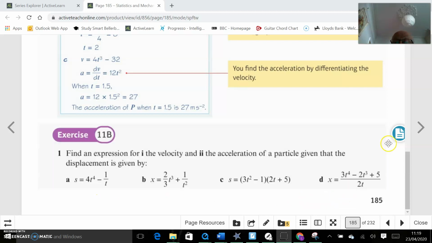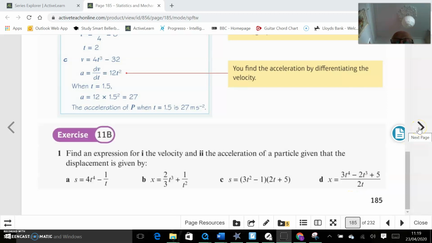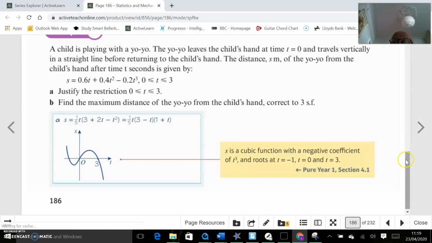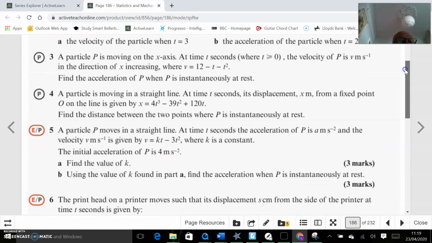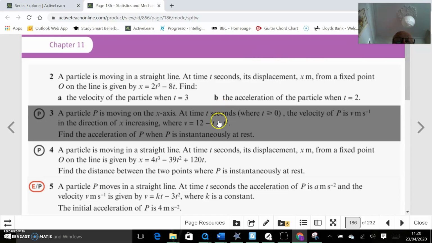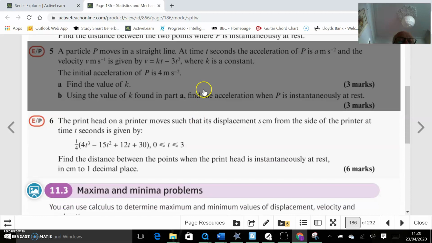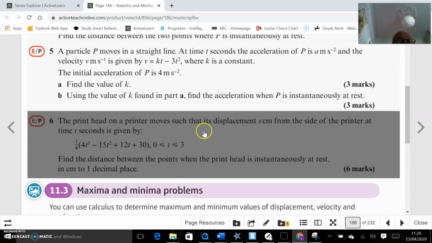You'll have some simple questions where you have to find the velocity and the acceleration, where you have the displacement. You can do a few of them and turn the page, and then you've got another 5 on that page, where I think they're fairly simple, these questions involving differentiation. Probably 5 and 6 are the more interesting ones.